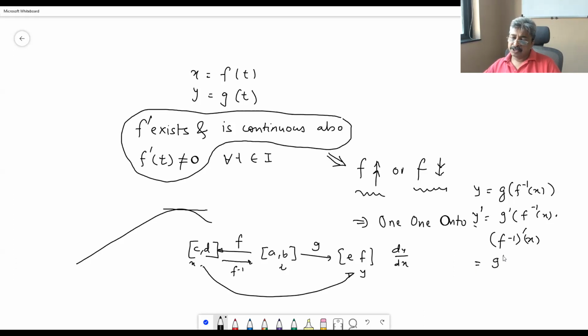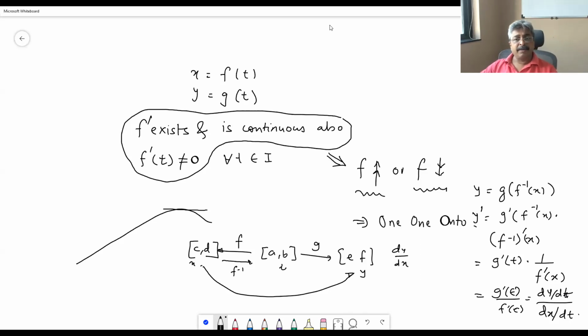Therefore this was g dash of t into f inverse dash of x, which is 1 upon f dash of t, and therefore we get g dash of t upon f dash of t, which in ratio form we get dy by dx equals dy by dt divided by dx by dt. That is how we proved parametric differentiation last time.